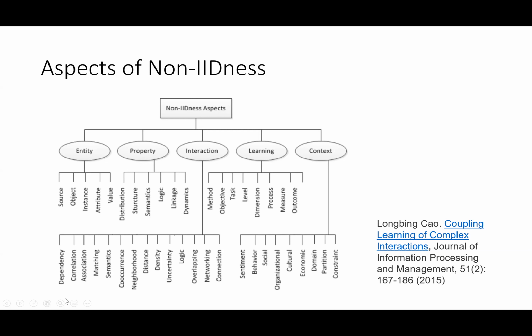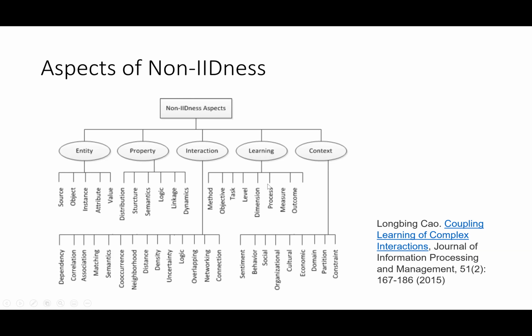And that could be related to dependence, correlation, association, matching, semantic, co-occurrence, neighborhood, distance, density, uncertainty, logic, overlapping, networking, connection, etc. These can all be measured mathematically, right? Some of them are well measured, some are less well measured, so there are different math and statistical techniques to measure these kinds of interactions.